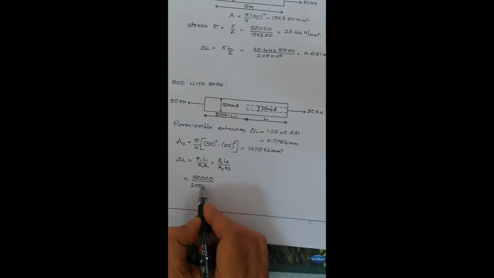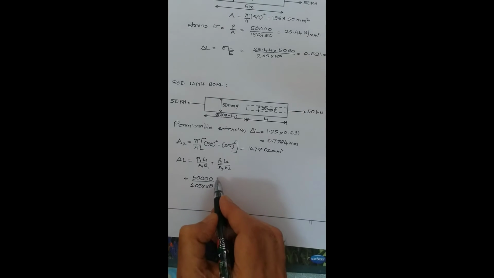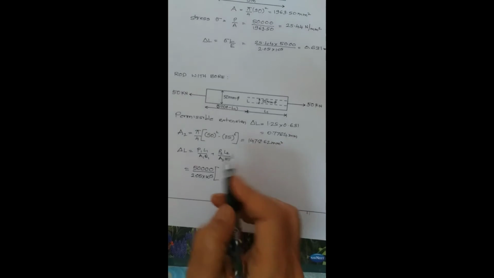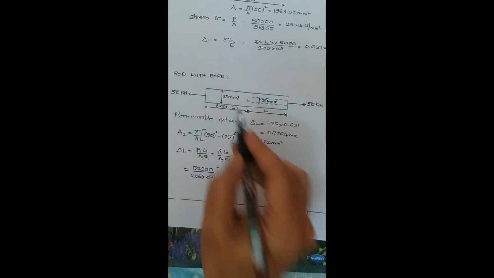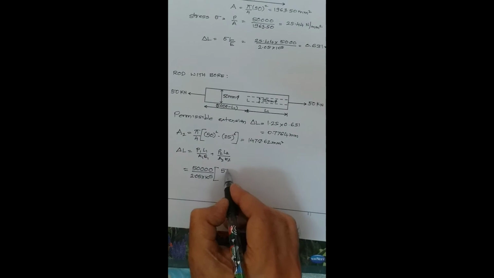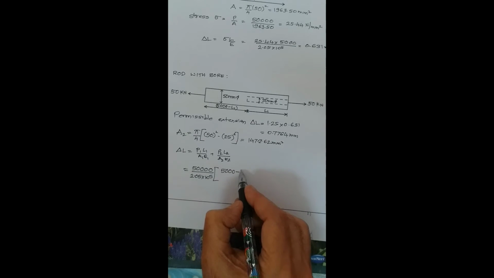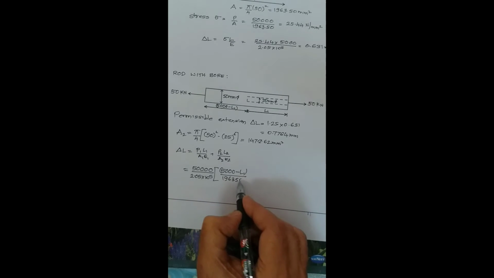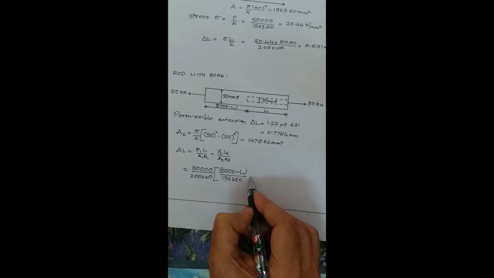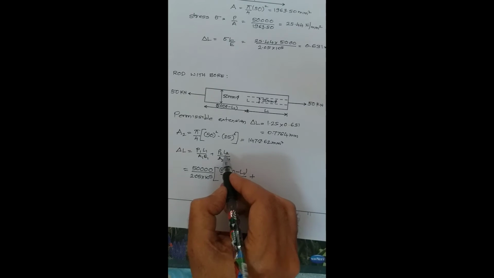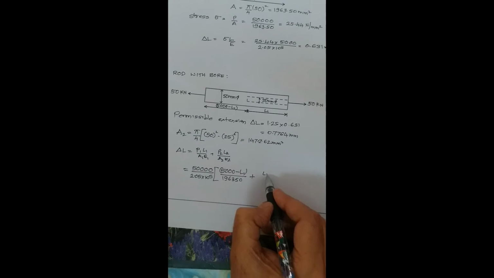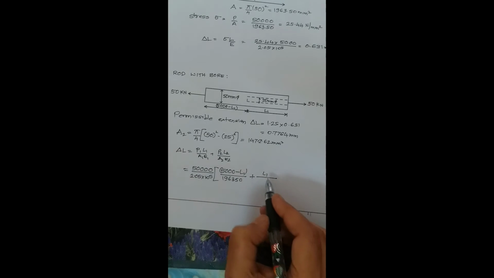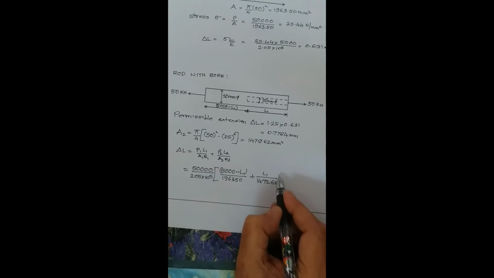So it is P by E, that is 50,000 divided by 2.05 into 10 raised to 5, into length of the first portion, 5000 minus L1, divided by area 1963.5 millimeter square, plus second portion length L1 divided by area 1472.62.